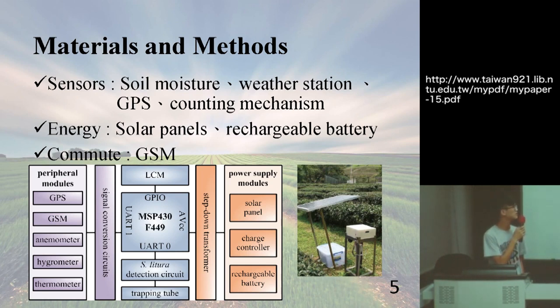They will have GPS, and most importantly, they can count the bugs in that place. The energy comes from solar panels, and they have a battery. And the most important tool, the communication with the center, is by GSM.